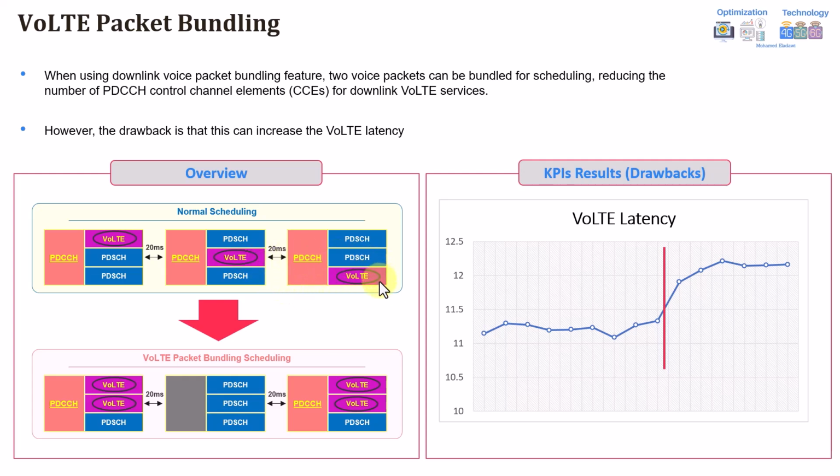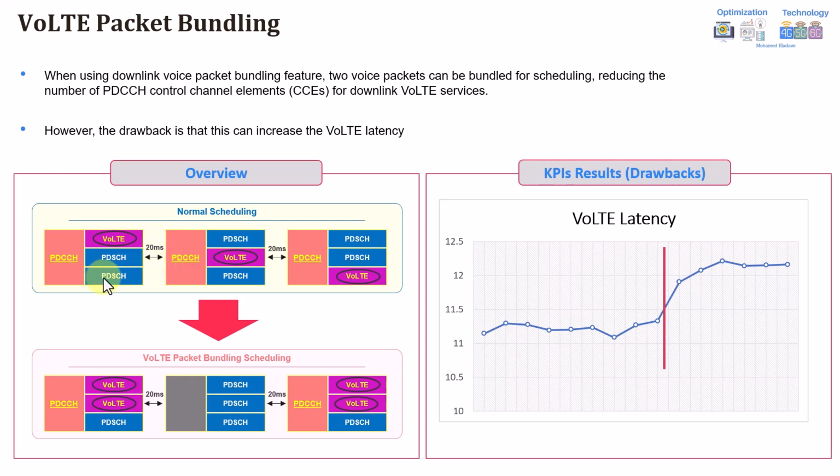So you will have the packets here. While this feature, as you can see, is called the downlink voice packet bundling feature. And as explained here, this feature can bundle two voice packets for the scheduling. What does it mean by this? For example, you have one voice packet here and one voice packet here.